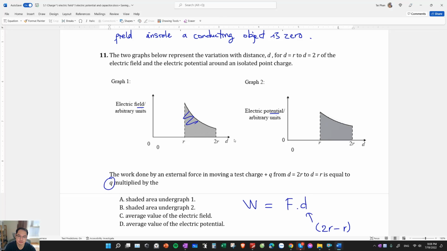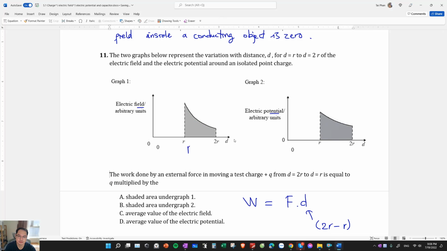area here. This area in graph 1 means the field times the displacement d, and that is the variable field. So that is actually the integration.